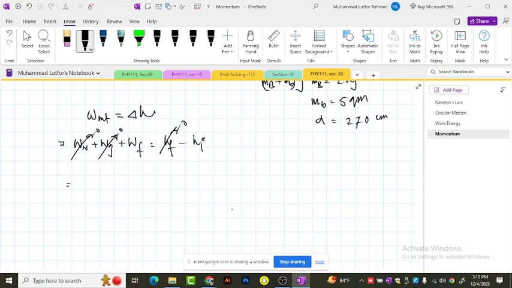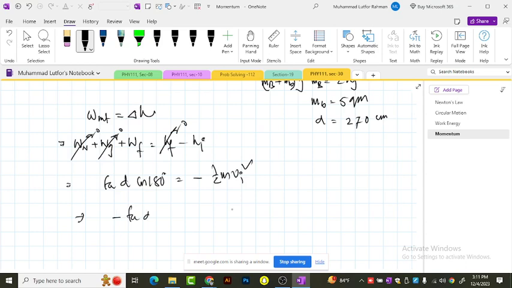Then I can write this part. Work done by the frictional force will be frictional force into the displacement, and the angle between them is 180 degree, it should be minus half of m vi square. Remember, M means the total mass. Then cos of 180 degree is minus 1.